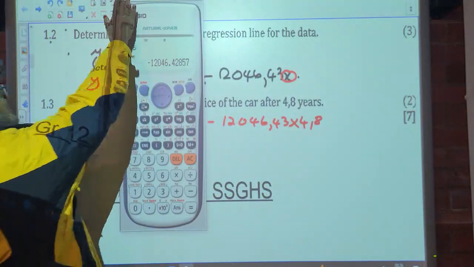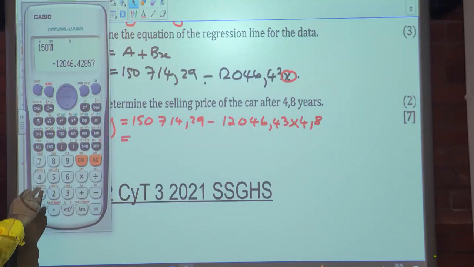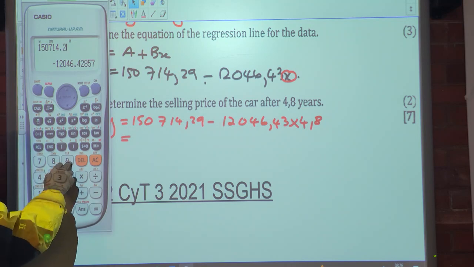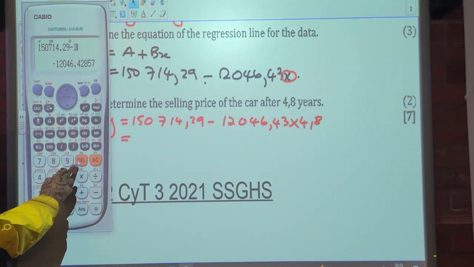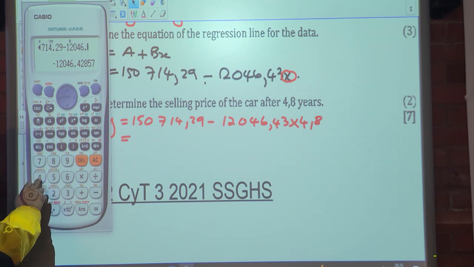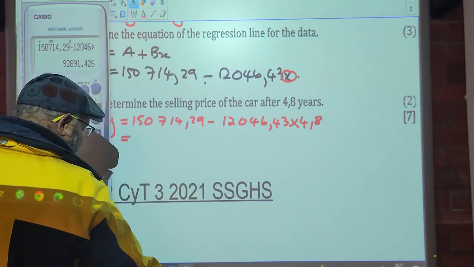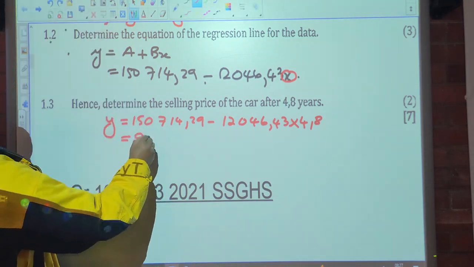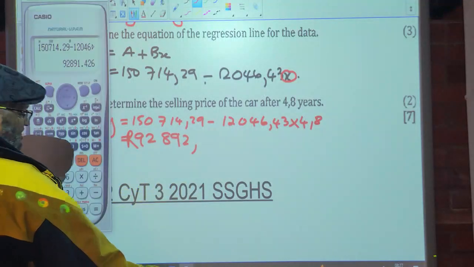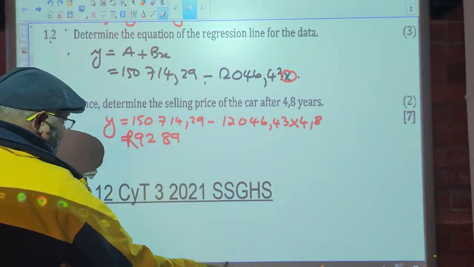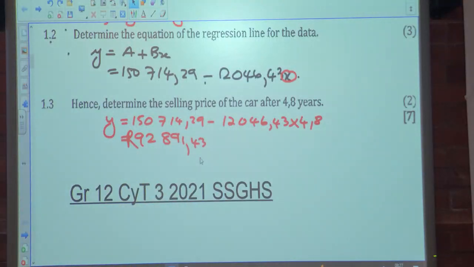That gives us 92,891 rand and 43 cents. Okay, so that's how we answer that question.